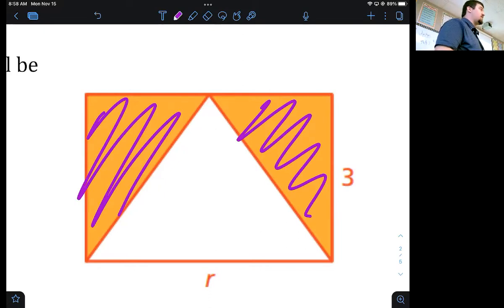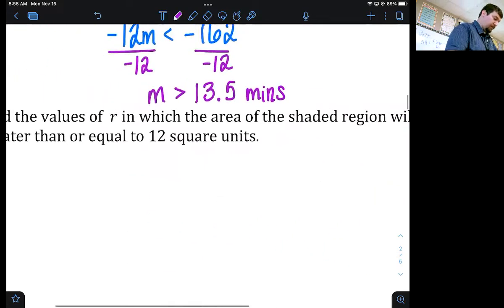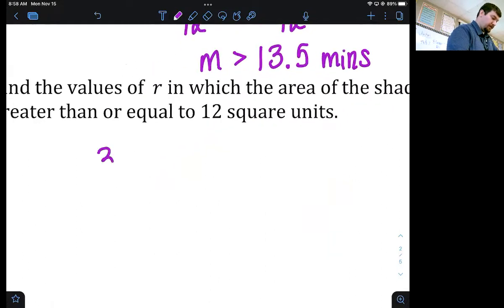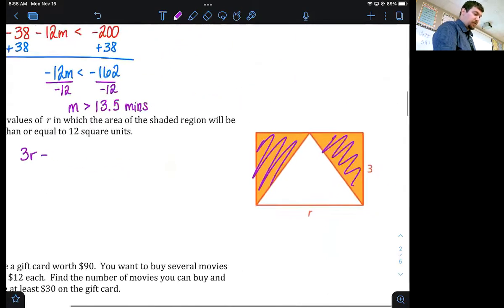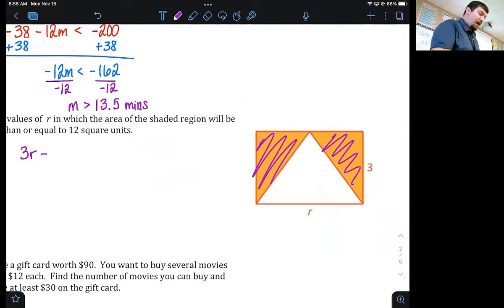If it was a full-size rectangle, what's the length and what's the width of this rectangle? 3 and r. So 3 times r is just 3r. I'll put it over here so Ella doesn't have to raise. So there's the full area. Now I'm going to take out the dead space. So 3 times r is length times width. Now we're going to take out the dead space, which is this white triangle.